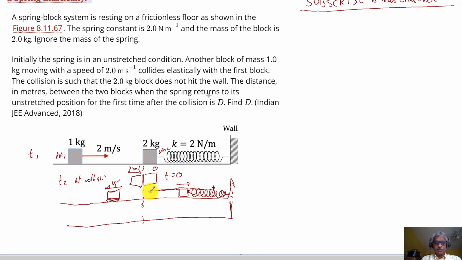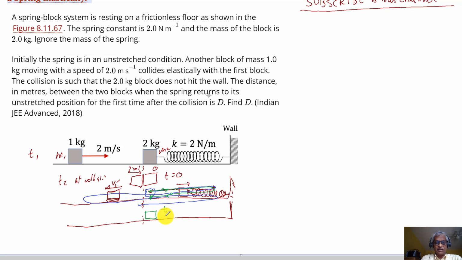It used to be here, it will go all the way here and then return. Presumably it's going to oscillate like that. So this is a half period, so it goes and returns at that time, T.